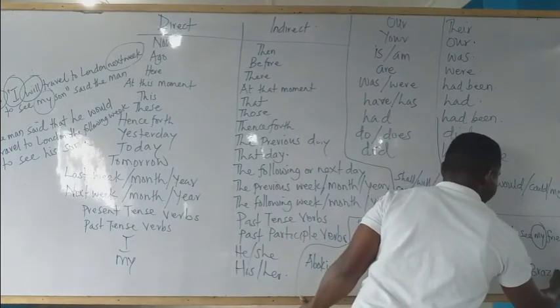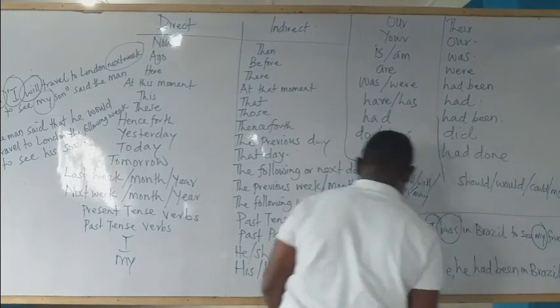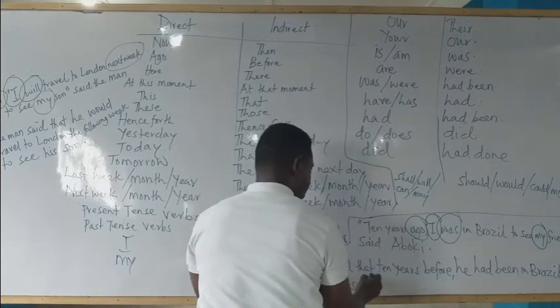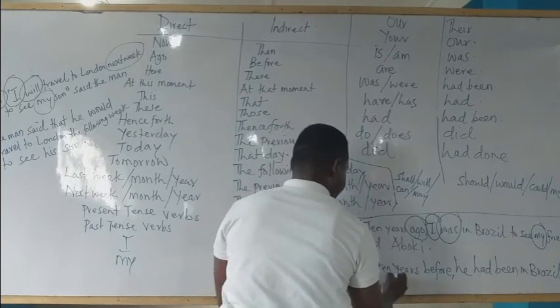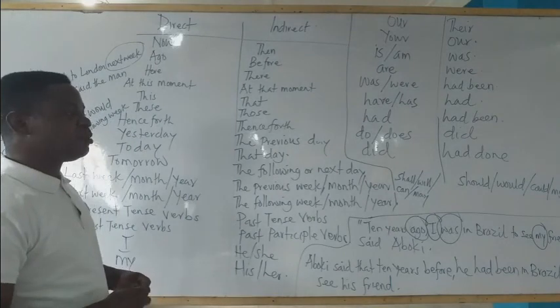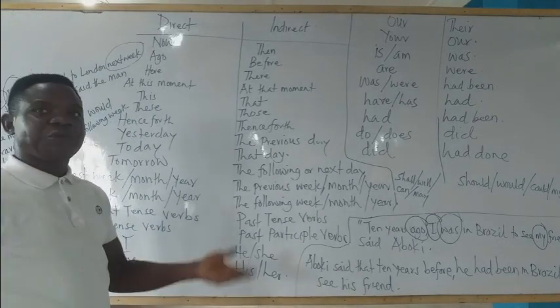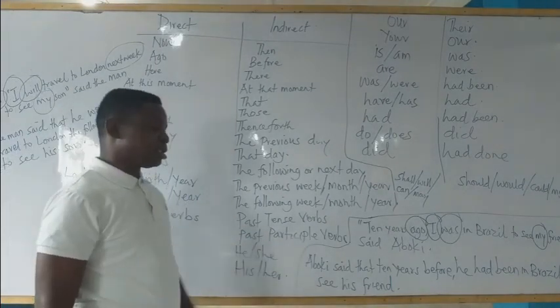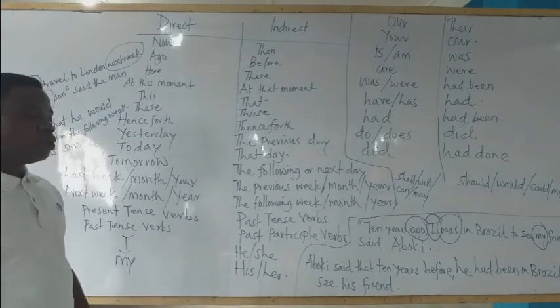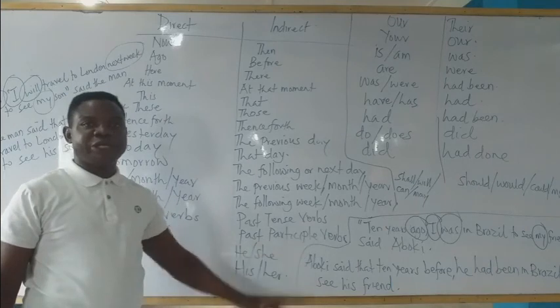He had been in Brazil to see. My becomes his friend. That's all. 10 years ago, I was in Brazil to see my friend, said Aboki. He reported from what I mean. Aboki said that 10 years before, he had been in Brazil to see his friend.